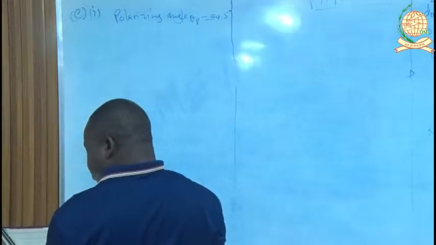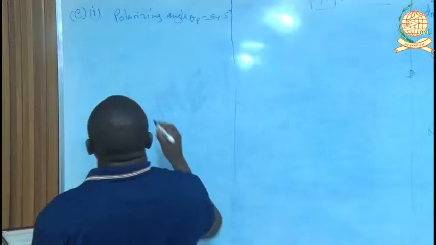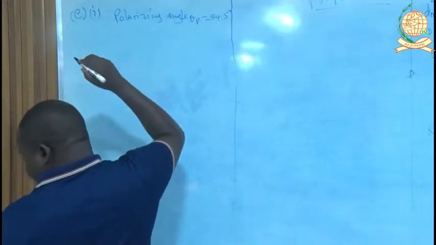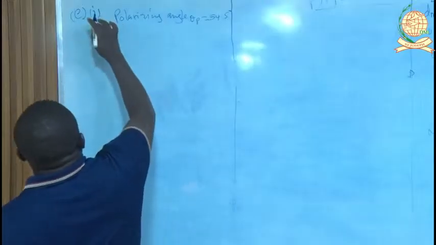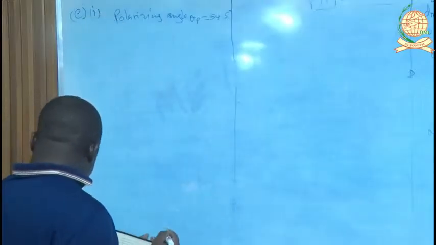The reflected beam is completely linearly polarized. Then Roman 1, this is E Roman 1. What is the refractive index of the glass?